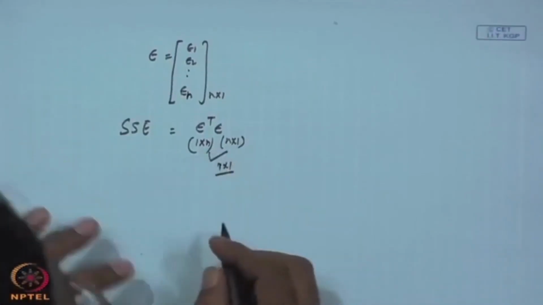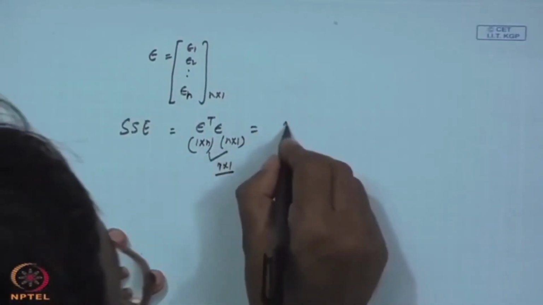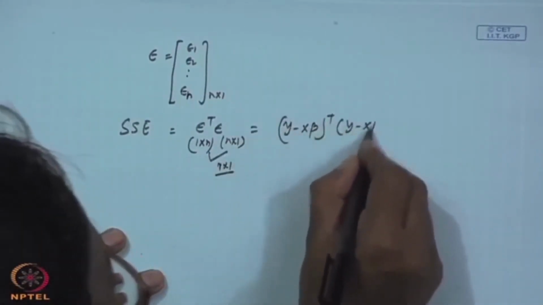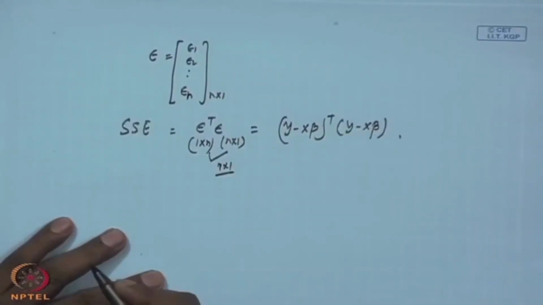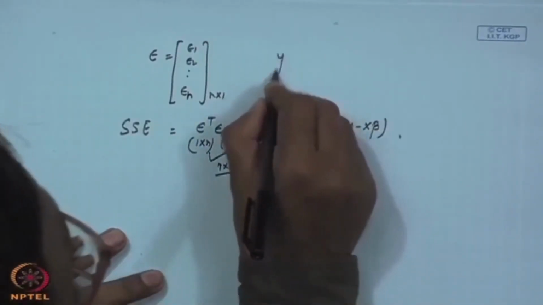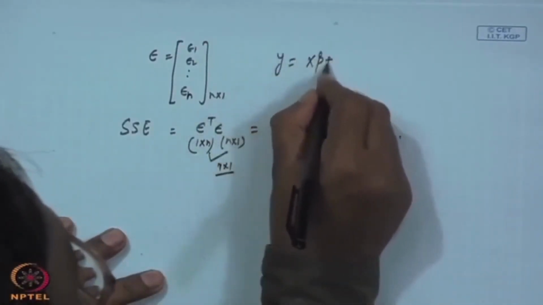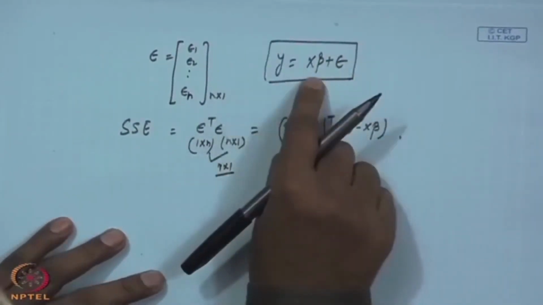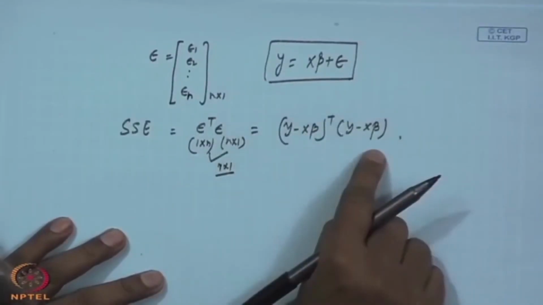If this is true, can we not write it like this, y minus x beta transpose y minus x beta? We can write it, because our regression equation is this. So epsilon is y minus x beta. You can write like this.